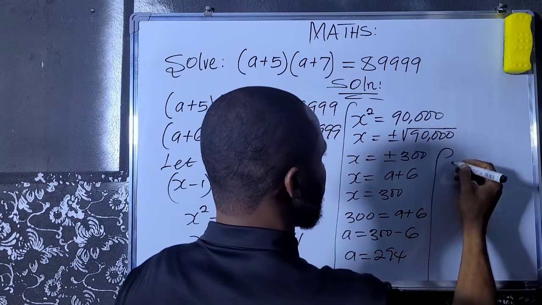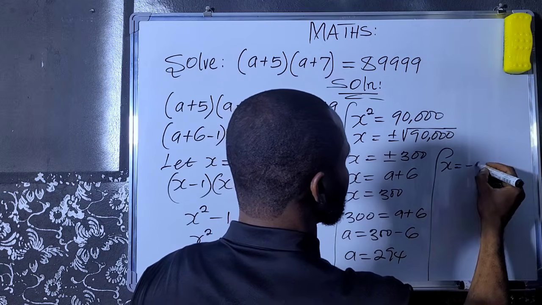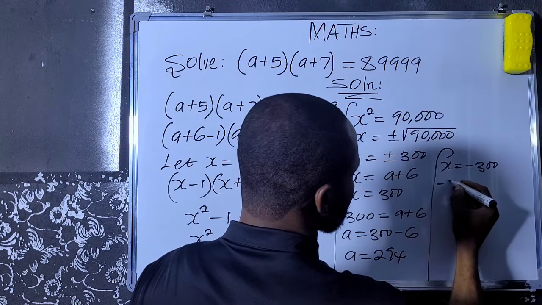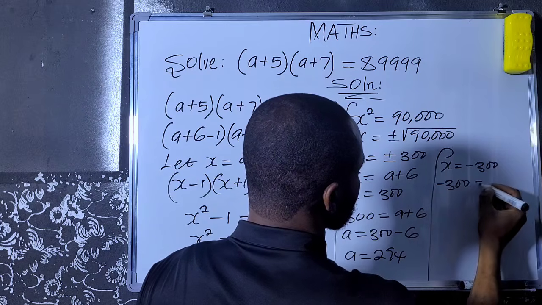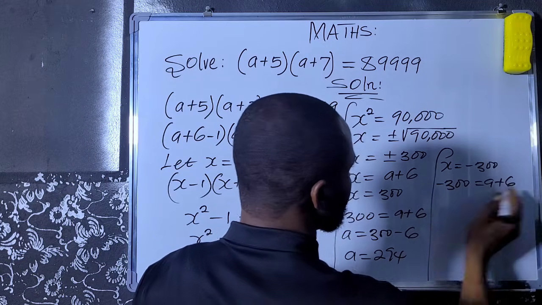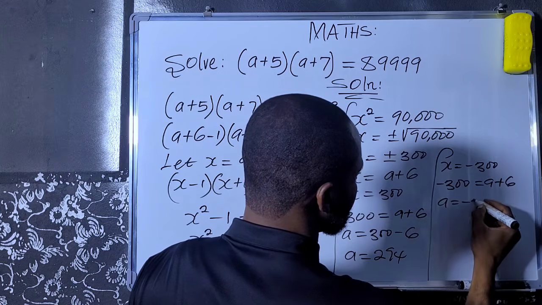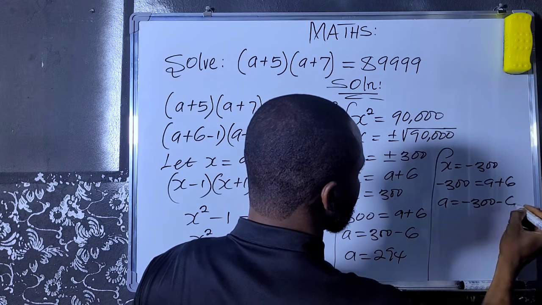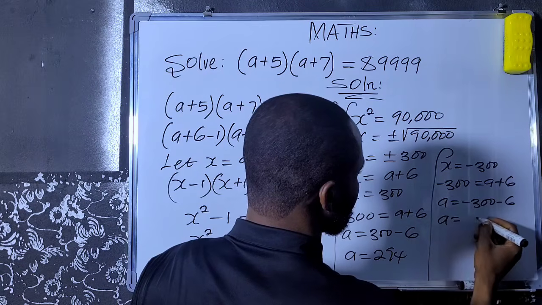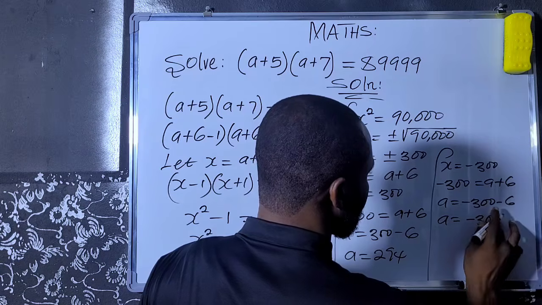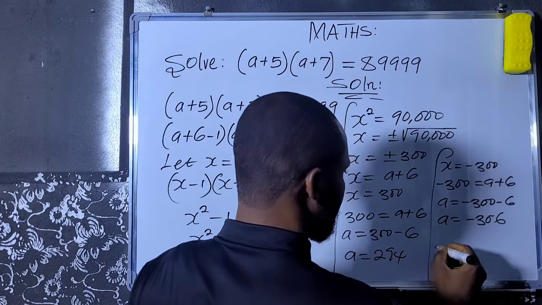Then when x equals -300, a will be: -300 = a + 6. Then here a = -300 - 6, and a = -306.